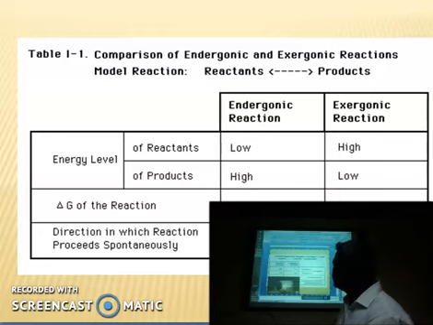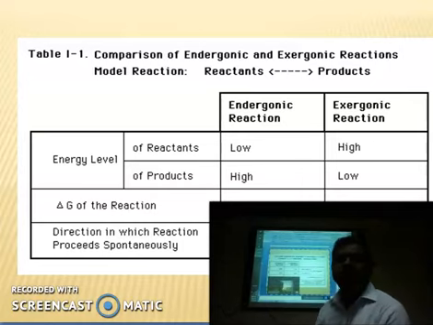The free energy delta G of the reaction is positive in an endergonic reaction, whereas in an exergonic reaction it is negative. Same with the direction in which the reaction proceeds spontaneously: in an endergonic reaction it is backward, and in an exergonic reaction it is forward.